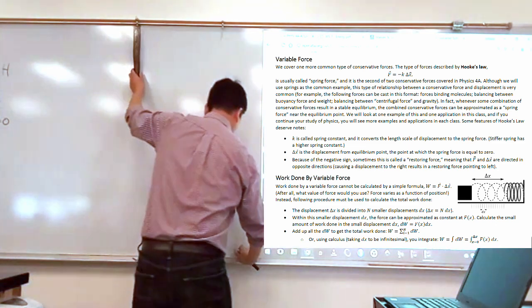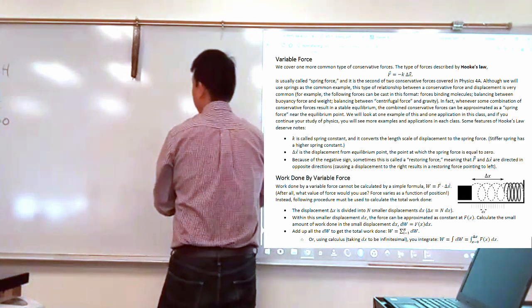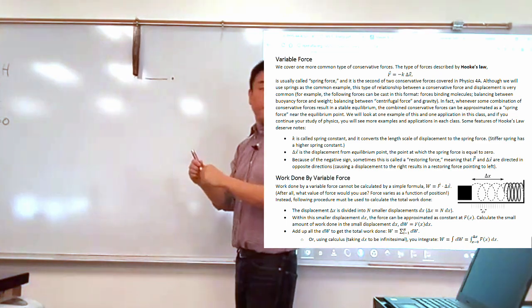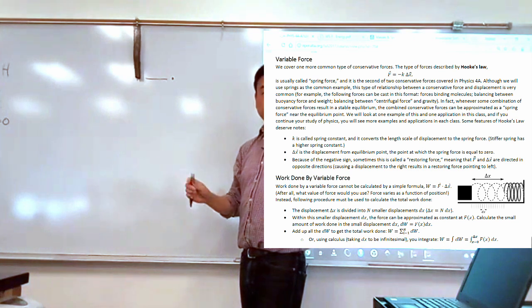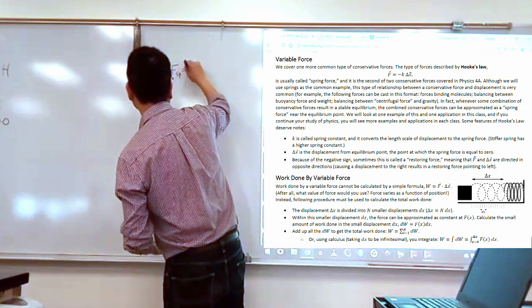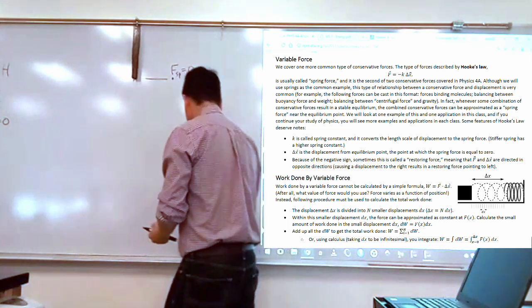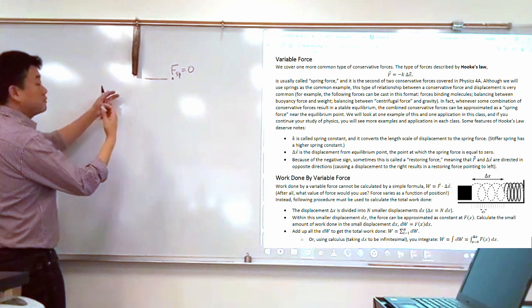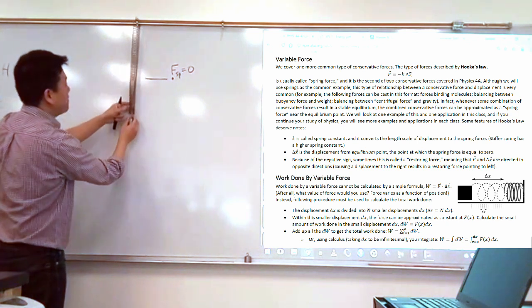At this very top position, where I hung 0 mass here, how much spring force would you say there is? 0, right? So spring force is 0. Let me hang a 100 gram mass.